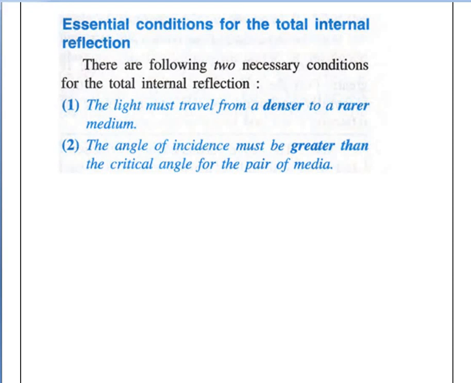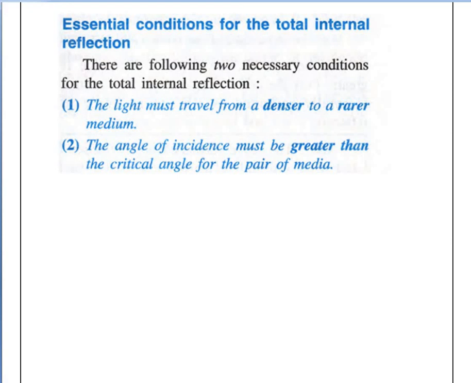If the angle of incidence is not greater than the critical angle, then light is not totally reflected. Some part of the light ray will also be refracted along with reflection. So light must travel from a denser medium to a rarer medium, and the angle of incidence must be greater than the critical angle for the pair of media. These are the essential conditions for total internal reflection.